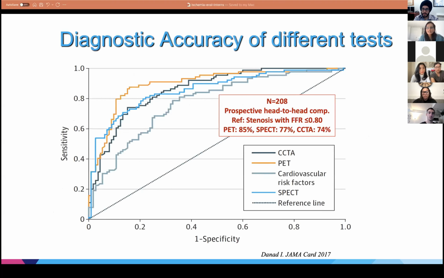When we look at the diagnostic accuracy of the different options we have available for patients without any known CAD to detect obstructive CAD, this was a study where they took 200 patients. All patients underwent all tests. They didn't undergo stress echo, but they underwent a PET nuclear, a SPECT nuclear study, and a coronary CTA.